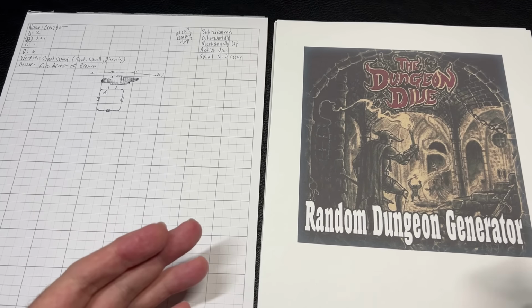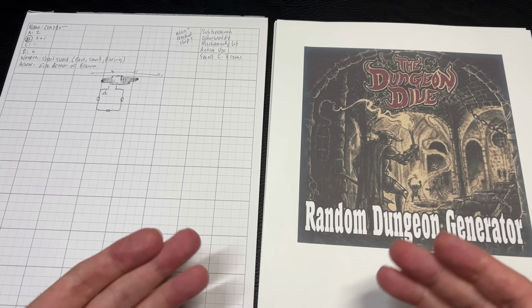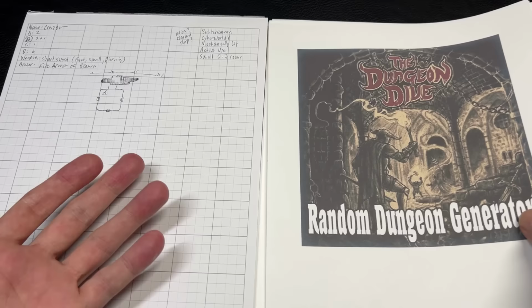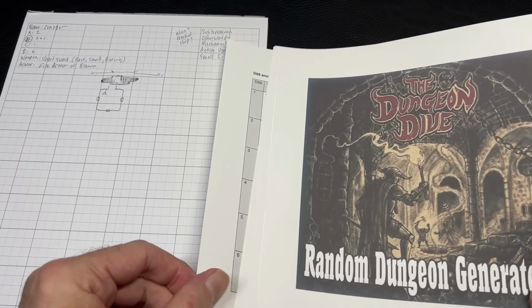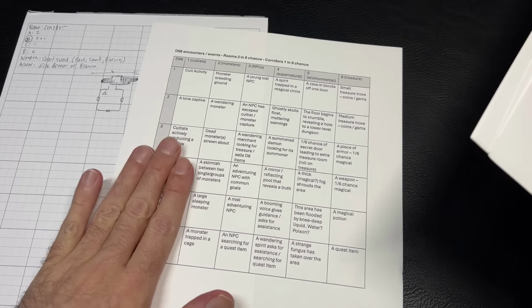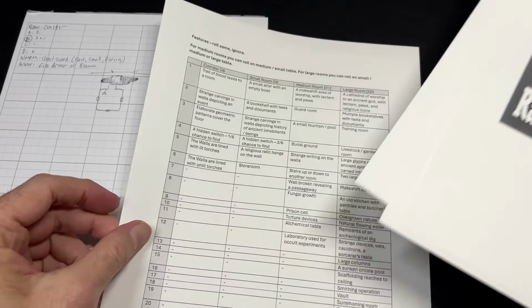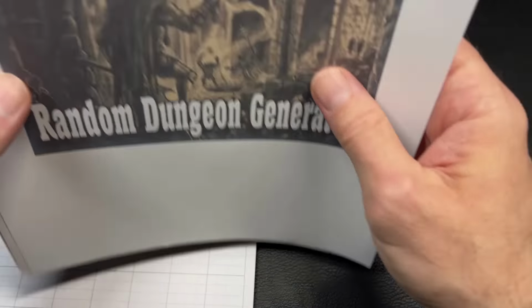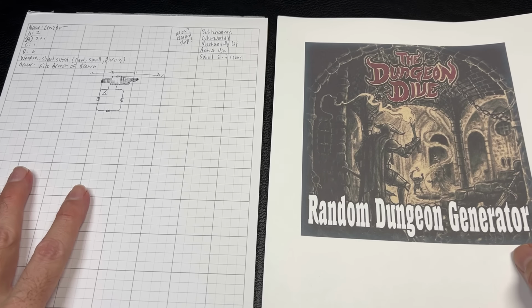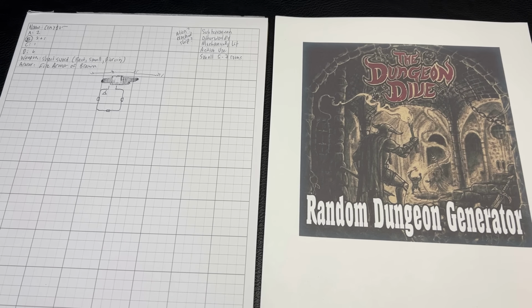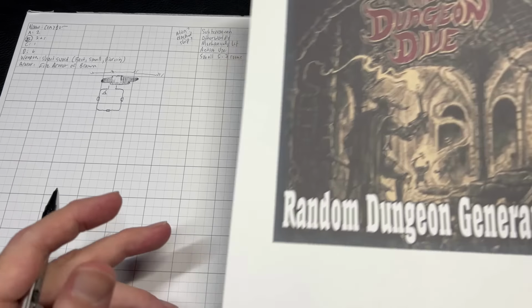And I kept it as generic as possible with the opportunity for me to expand it later. I'm going to be releasing more tables for more D66 encounters and more dungeon features and that kind of thing. So let's take a little look at the random dungeon generator, and then we'll play a few sample turns and generate a random dungeon as we go.